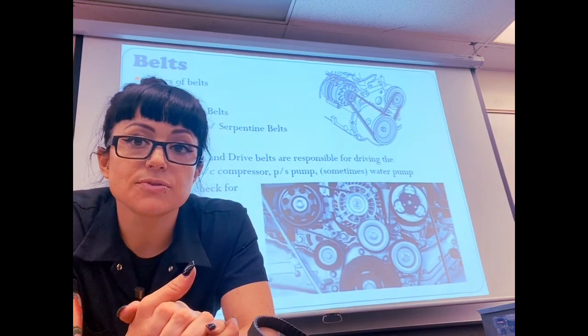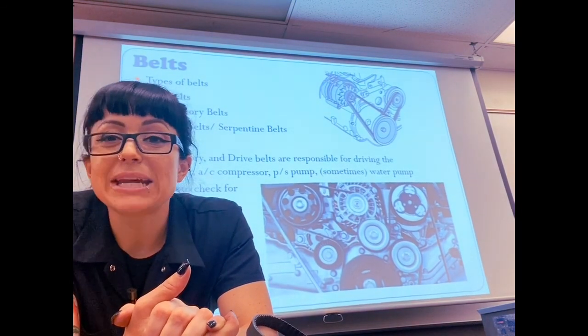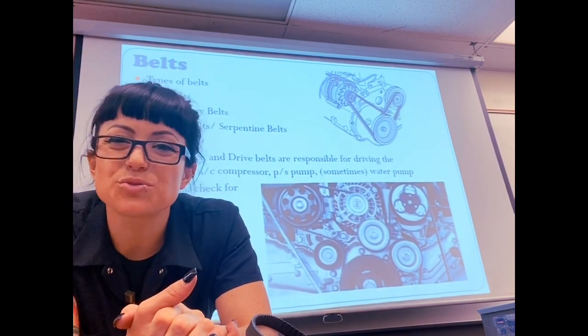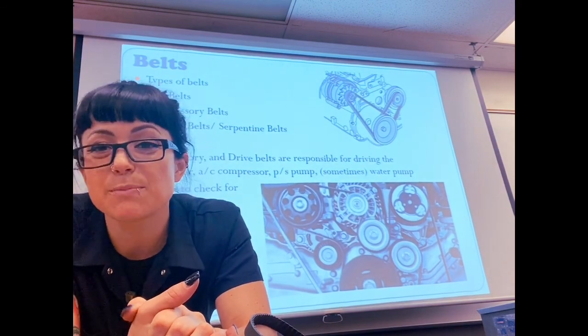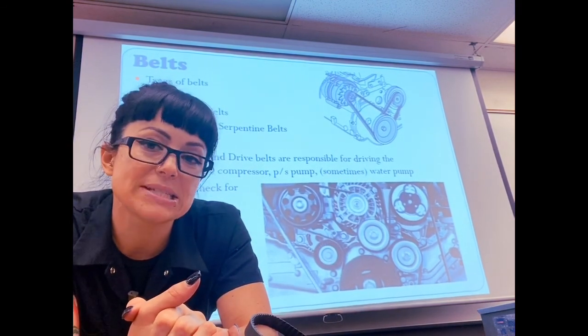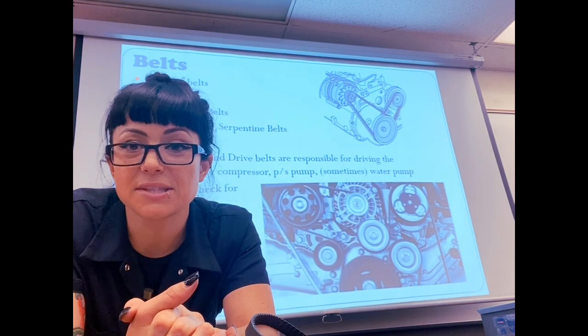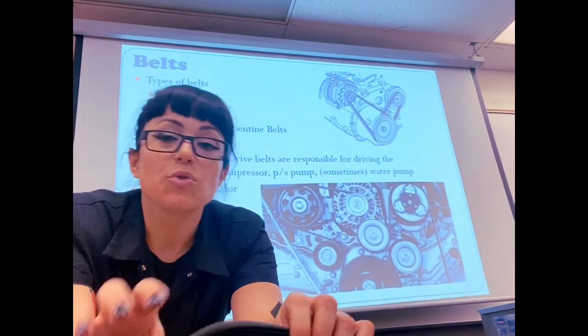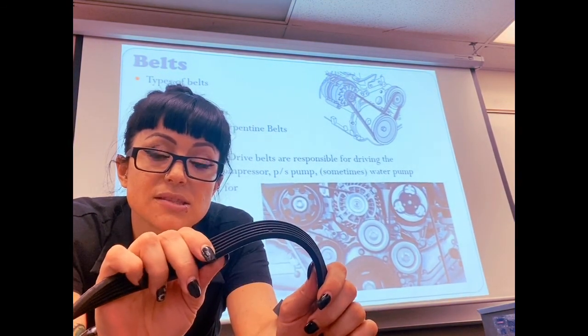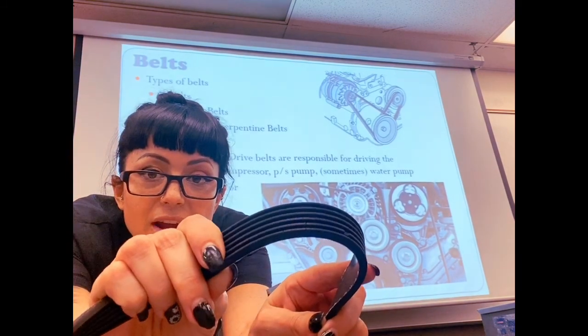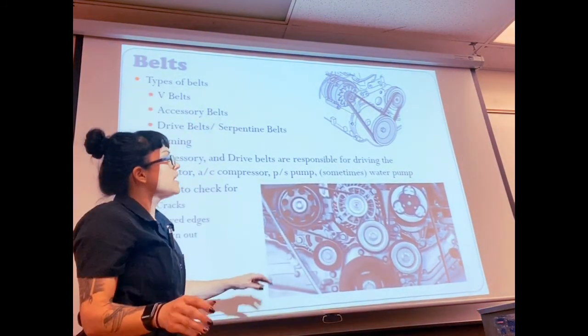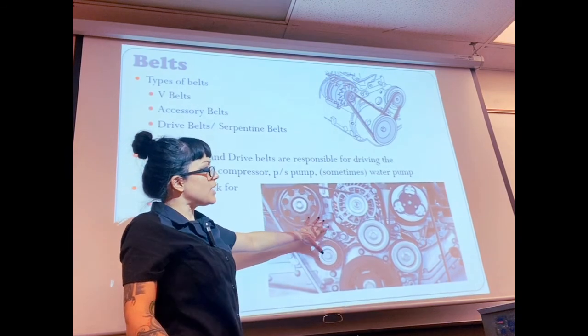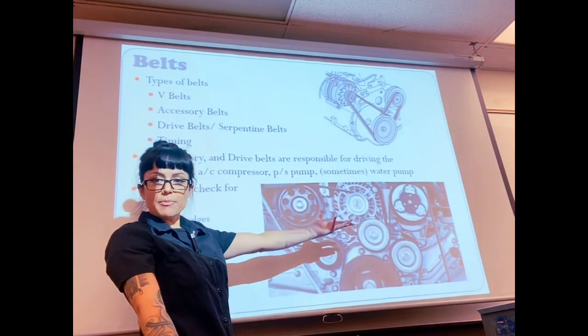Older vehicles use that. We went away from an accessory system because that's a lot of extra belts and a lot of extra things that need to be replaced, to what we call a serpentine or drive belt style system. This system will generally use the ribbed style belts that I showed you right there, and is what looks like in this picture here, where it's one belt to rule them all.